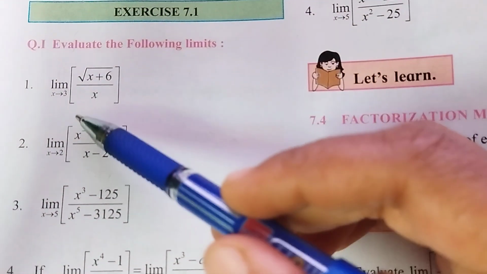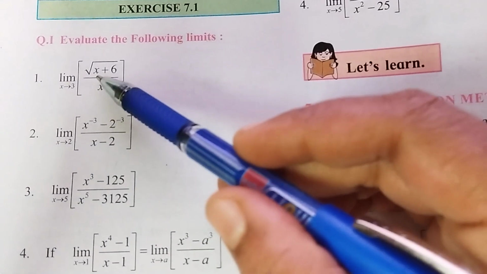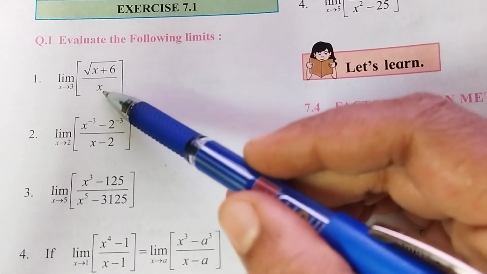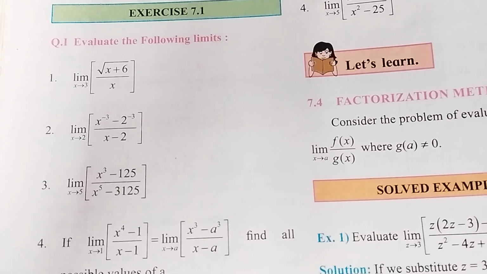First question: limit x tends to 3, under root of x plus 6, upon x. Let's see how to solve.